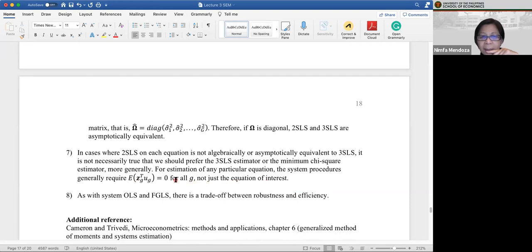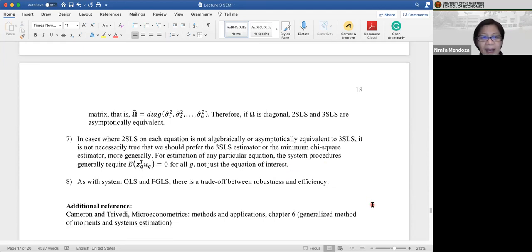So if we have a system of 5 equations and we're really just interested in the third equation, for a system procedure we require that for every equation, the instruments are uncorrelated with the disturbances, not only for the third equation.